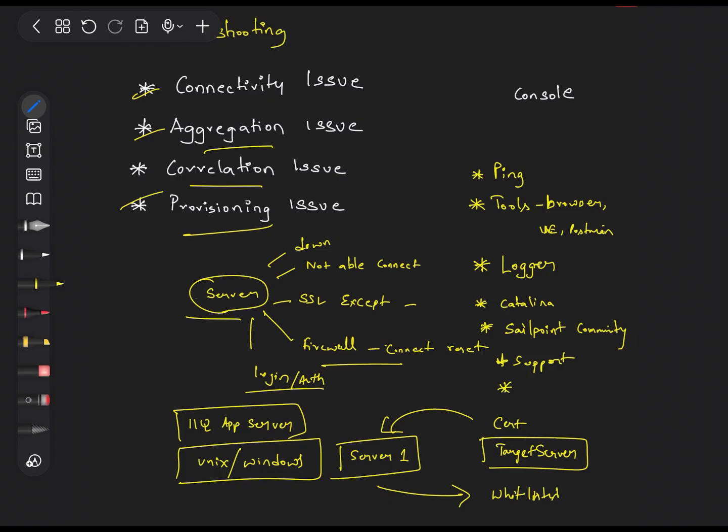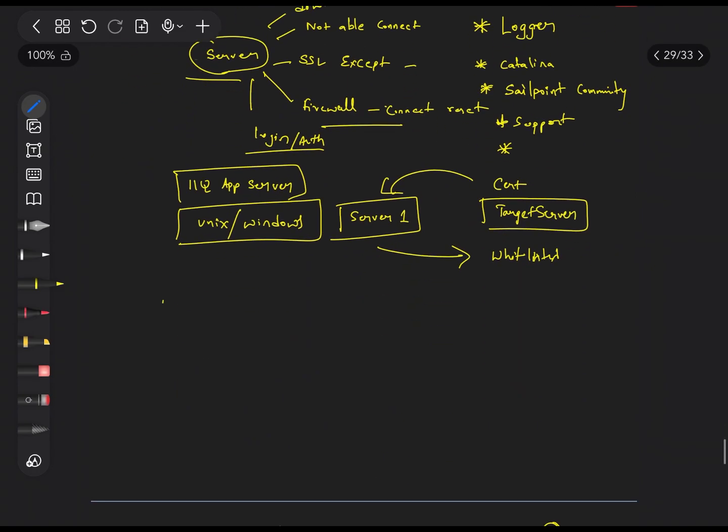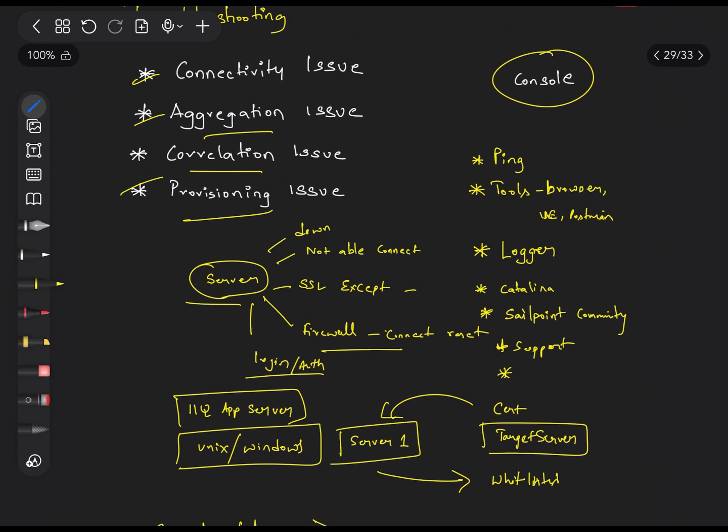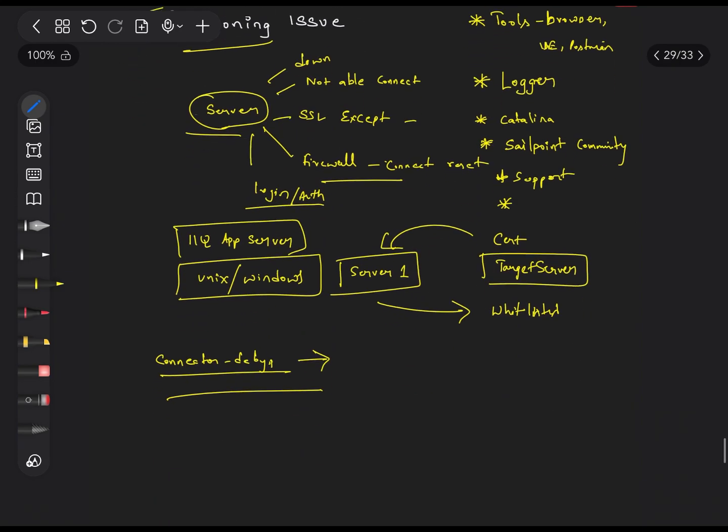The other thing for aggregation is that you can use the console. There is a command called connector debug. So you can check whether you are able to iterate all the accounts. If you're able to do it here, you should be able to do it from the UI as well.